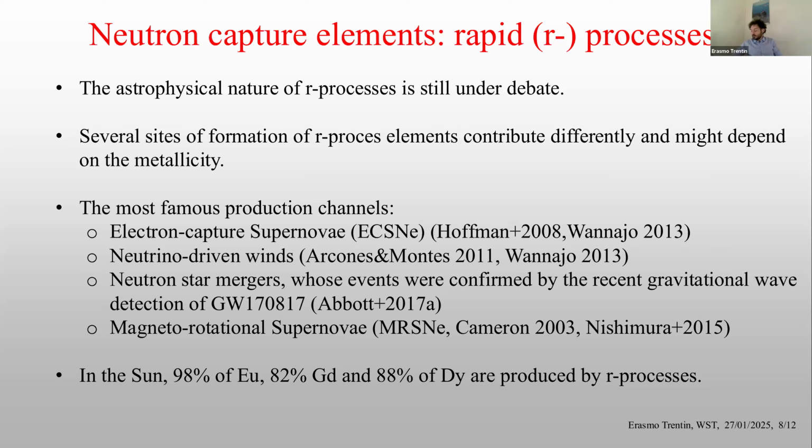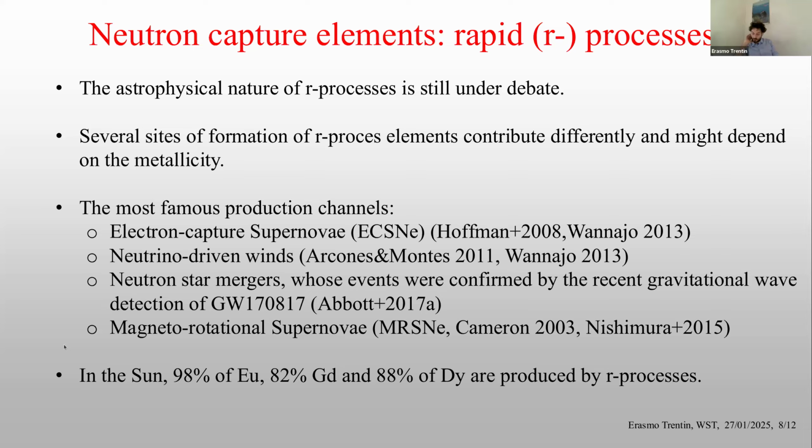Several processes have been suggested, starting from the electron capture supernovae, the hypernovae, the neutrino-driven winds associated with core collapse supernovae. Recently, great popularity comes from the neutron star mergers and also the black hole mergers, with the event which was recently confirmed by the gravitational wave detector. And last but not least, the magnetorotational supernova.